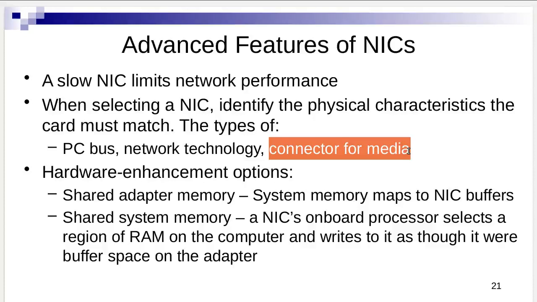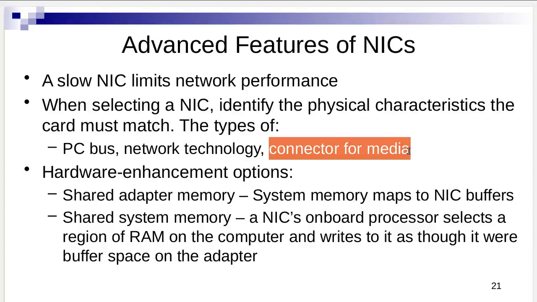There are all kinds of nice hardware enhancement options. You can have a shared adapter memory, so that the memory of the entire computer is mapped onto memory in the network interface card itself and the hardware, so that it's very fast access.